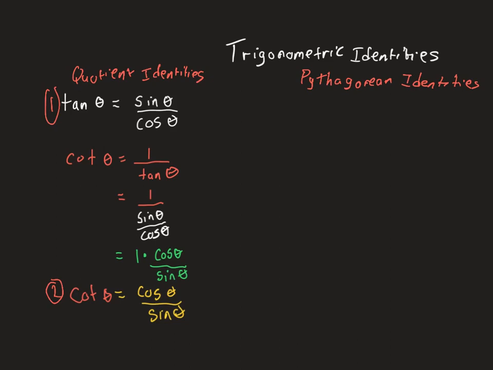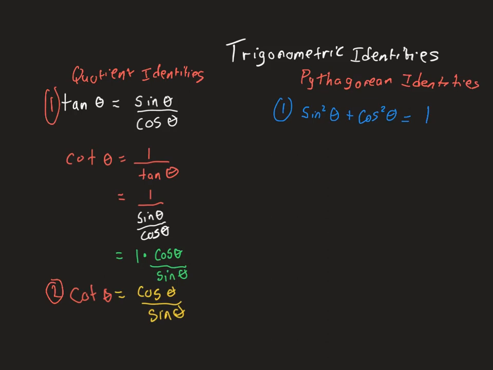Okay, so the Pythagorean identities. Well, the first one says that sine squared of theta plus cos squared of theta is equal to 1.